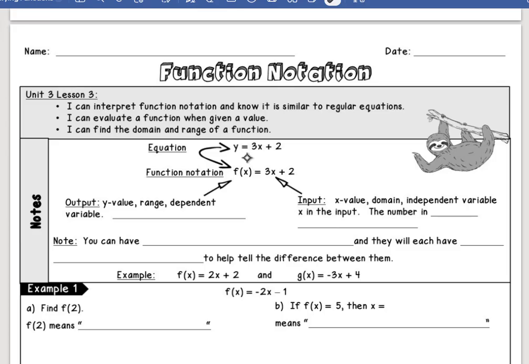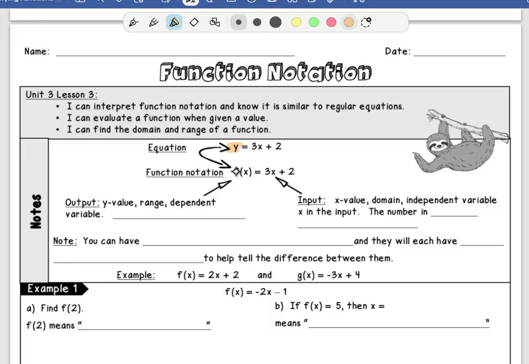A regular equation we might write like this: y equals 3x plus 2. That's regular style. Well, we can take that same equation and write it fancy style like this: f of x equals 3x plus 2. I want to point out something in common.